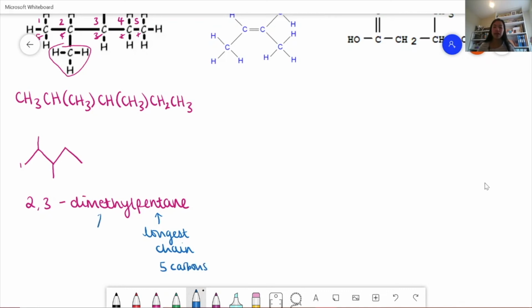The dimethyl tells us that there's 2 methyl groups. And 2, 3 indicate to us that the methyl groups are on carbons 2 and 3.